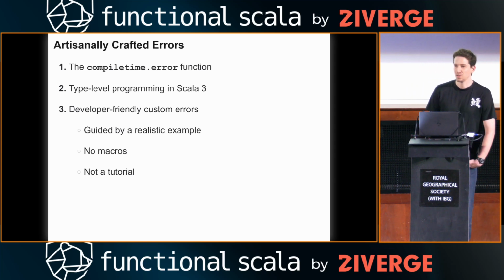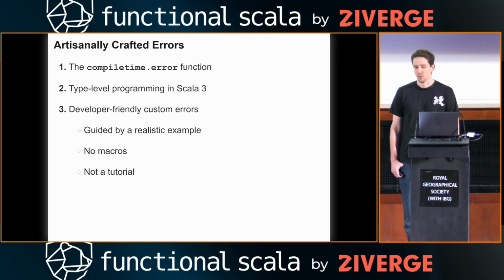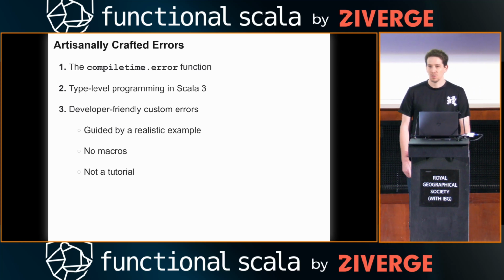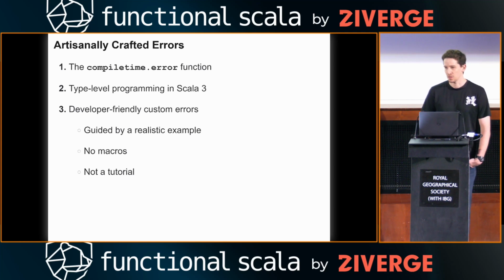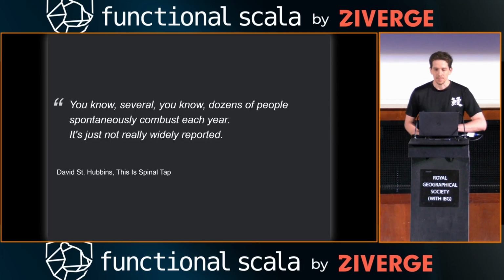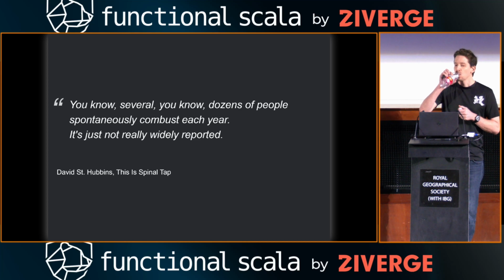I think learning these techniques is more useful than trying to wrangle some macros. Also, because of time constraints, this is not a tutorial, so I'll be skipping many details, but you can see the full code and all the details in a repo that I will link to later on.